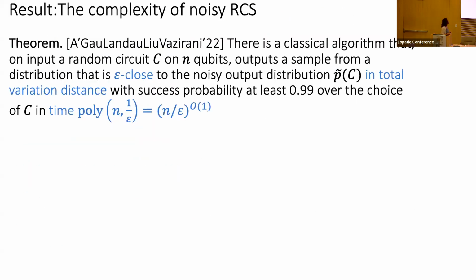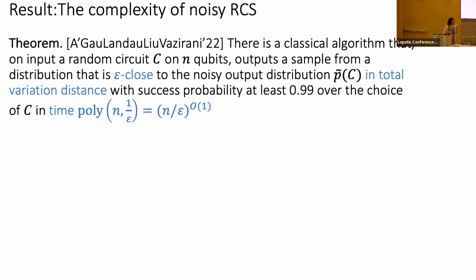Okay, and the theorem that we proved recently is that basically there's a classical algorithm that can fool any such experiment. There's a classical algorithm that, on input a random circuit C on n qubits, outputs a sample from a distribution that is epsilon close in total variation distance to the noisy output distribution p tilde that comes out of the circuit, with success probability at least 99% on the choice of the circuit.